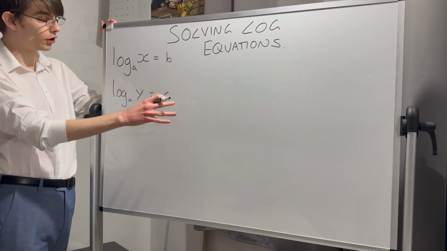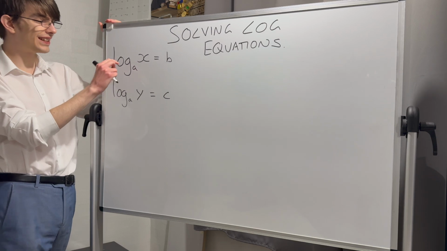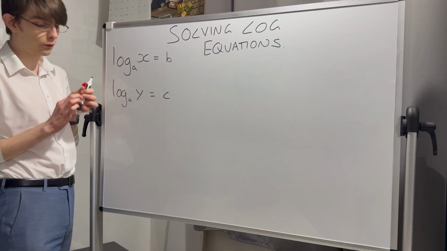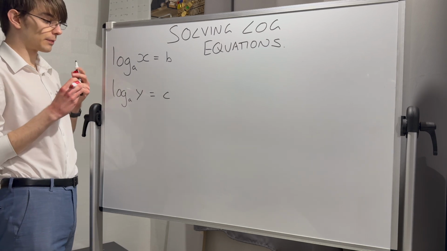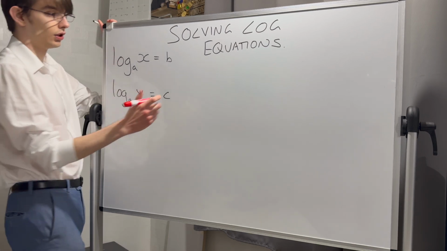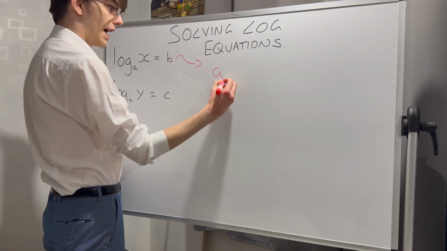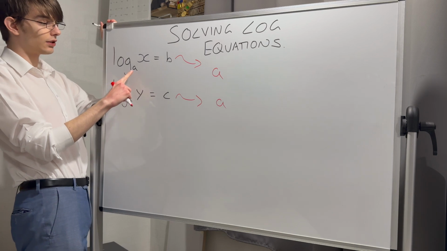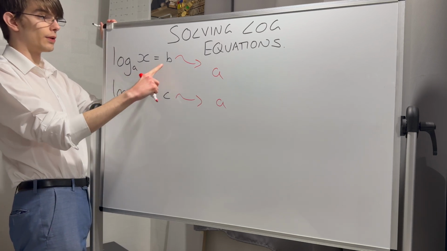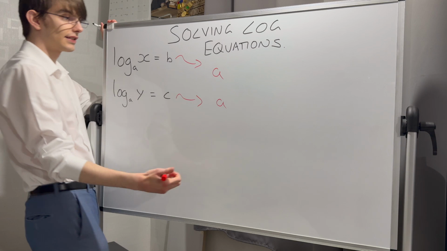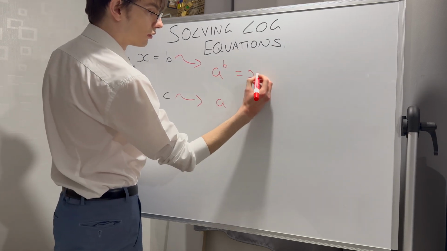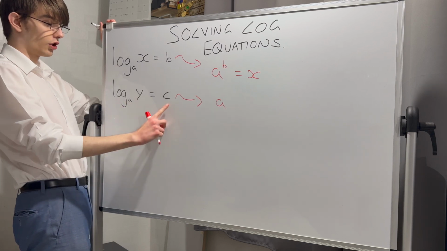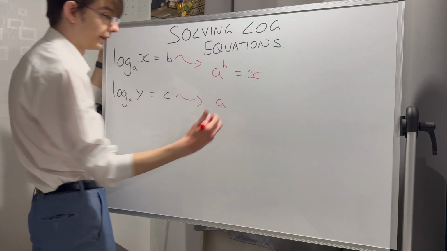Now what I'm going to do is get rid of the log and rewrite these both as exponents. So if we remember from previous videos, in both cases, we're going to have a as the base. In this case, we're going to have a to the power of b equals x. And down here, we're going to have a to the power of c equals y.